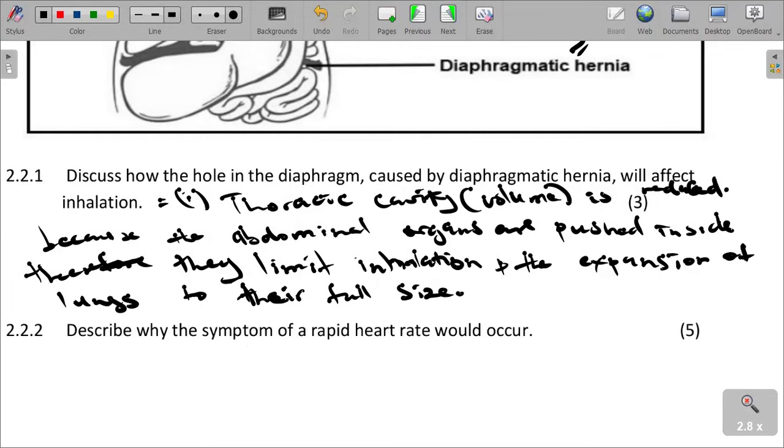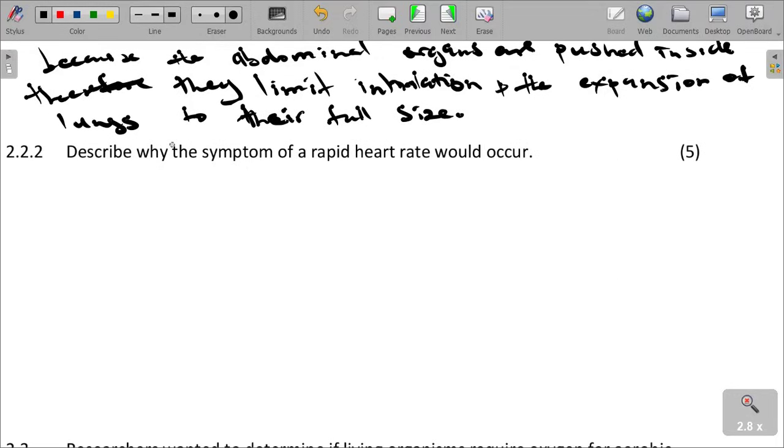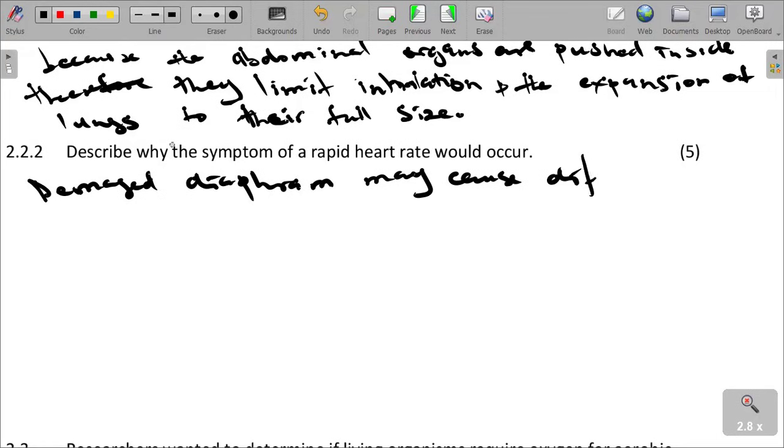So describe why the symptom of a rapid heart rate would occur. This can be due to difficulty in breathing.